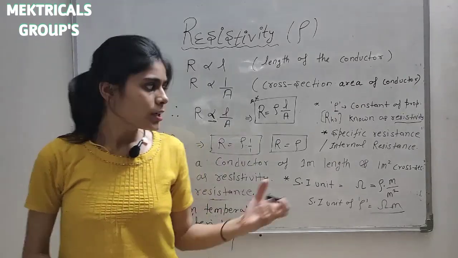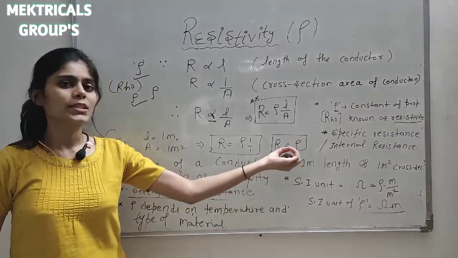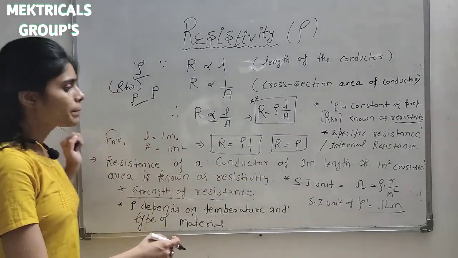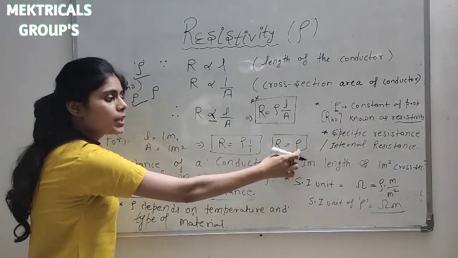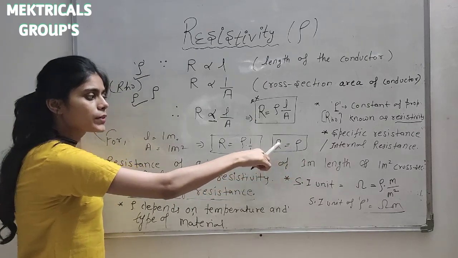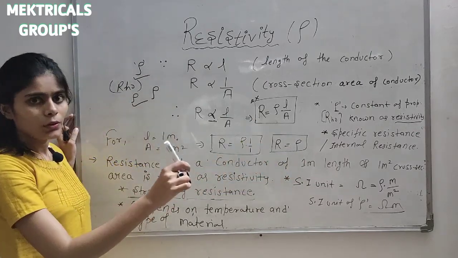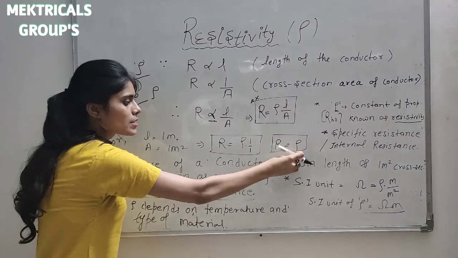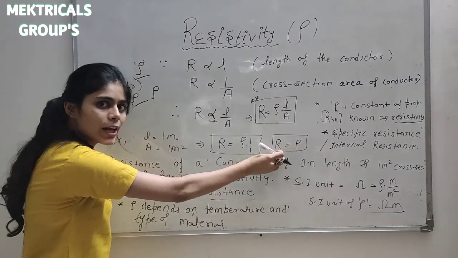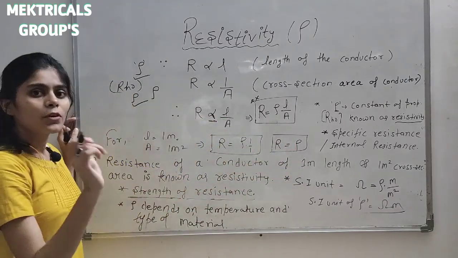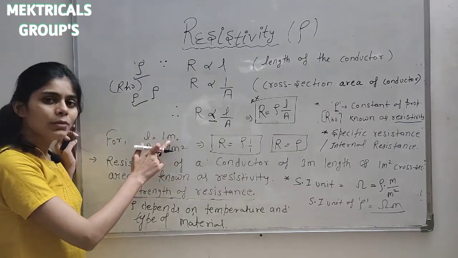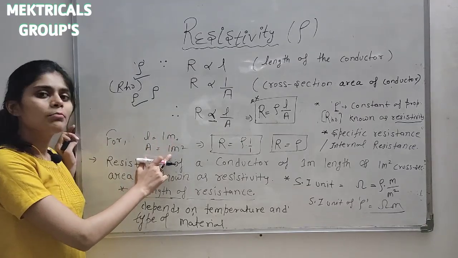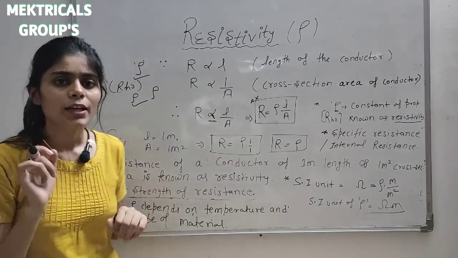So what does it mean? How do we define resistivity? R is equal to rho means resistivity is equal to the resistance value, or you can say resistivity is equal to the value of resistance for a conductor with 1 meter length and 1 meter square cross-sectional area.